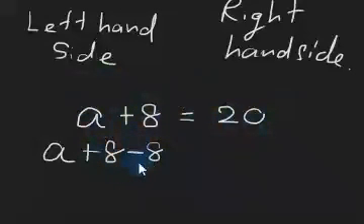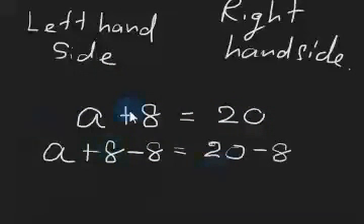Therefore, when you do something to one side of an equation, you have to do the same thing to the other side. So, I subtract 8 from right hand side. Now, again, both sides equal. Why? I did the same thing to both sides. So, this relationship is not broken, right?